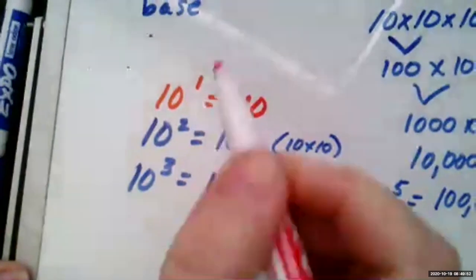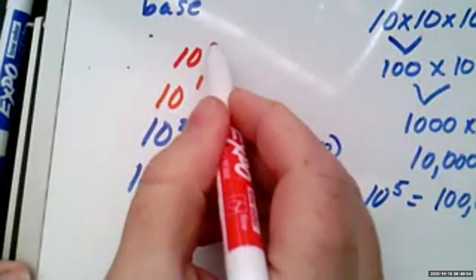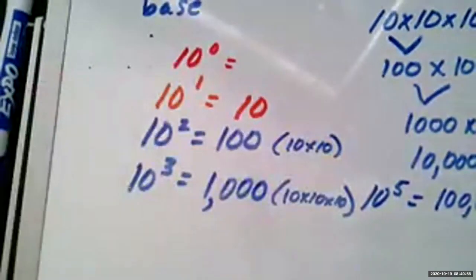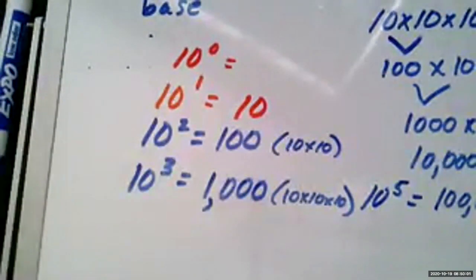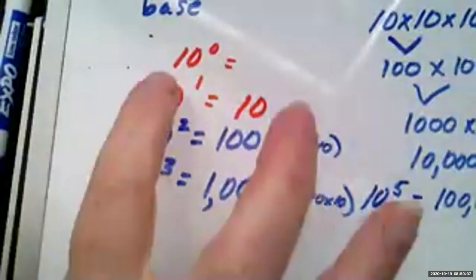One more question for you. 10 to the 0 power. 10 to the 0 power. Ooh, I saw one person. 2 people got it right. 3 people got it right. This one is tricky.